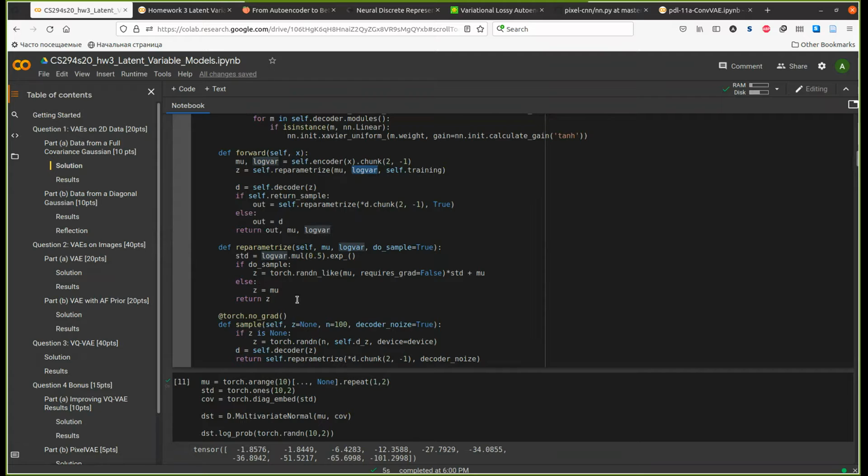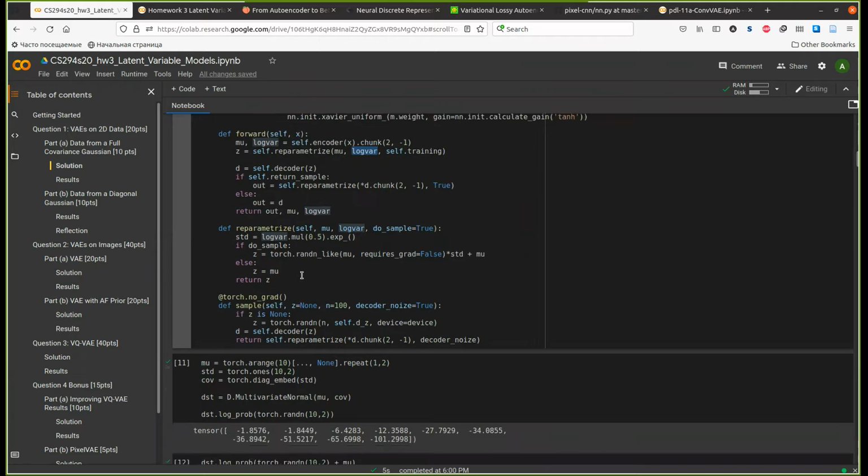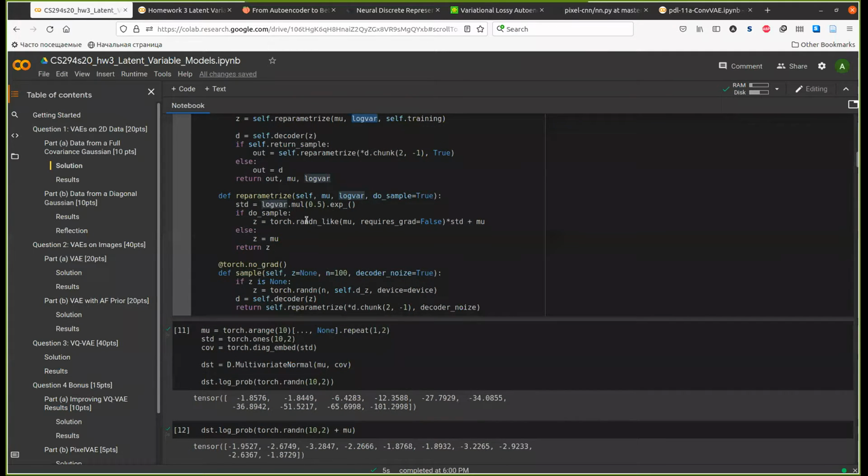Then at training time, we sample random variables from a normal distribution, multiply them by the standard deviation and add the means.